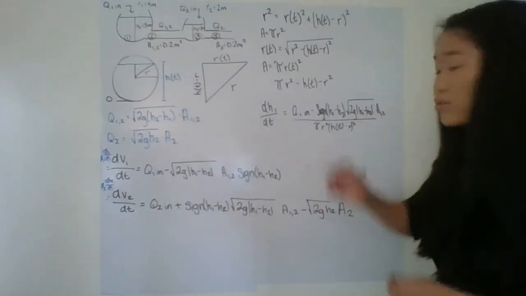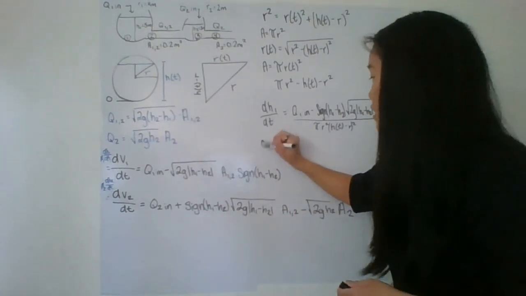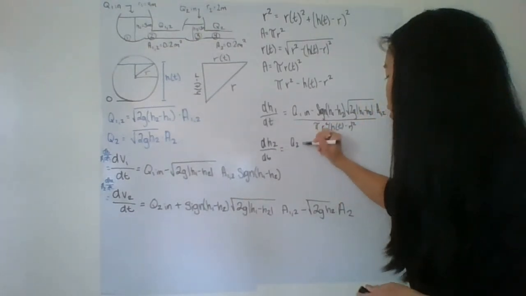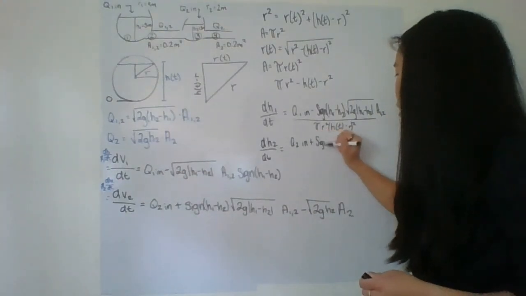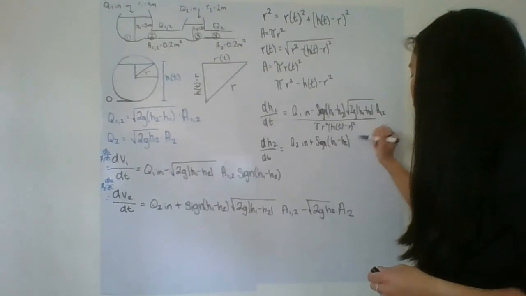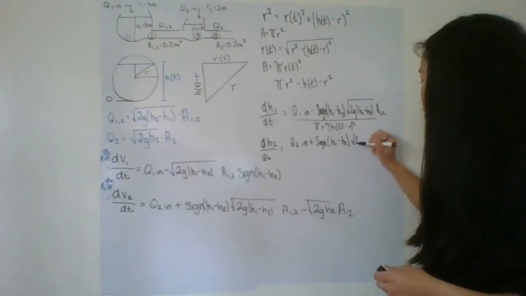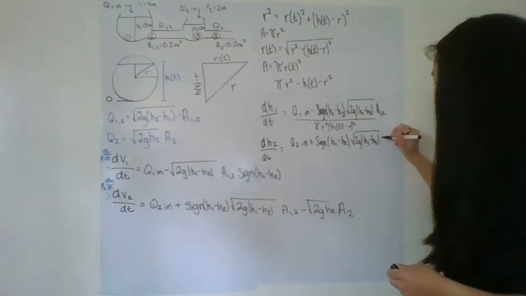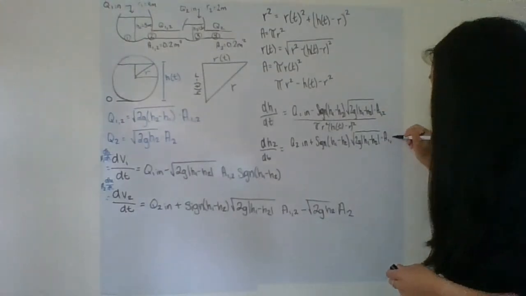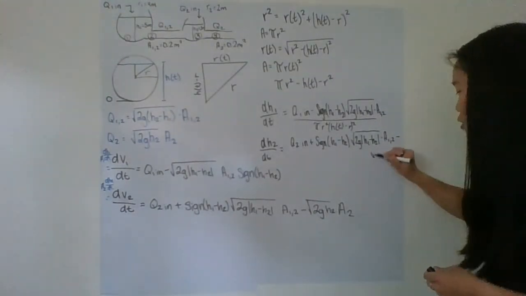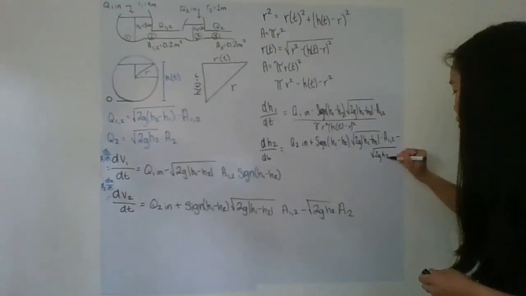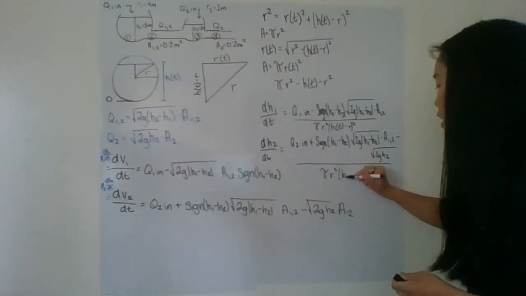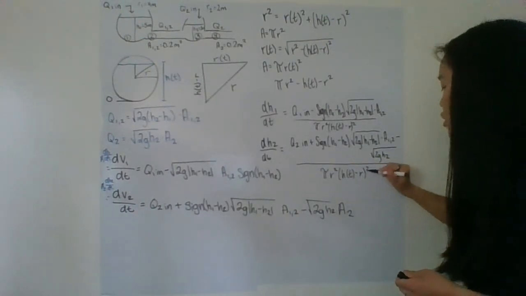So we're going to do almost the exact same thing with the second equation. So we get dh2/dt equals Q2 in plus sign(h1 minus h2), multiplied by the square root of 2g times the absolute value of h1 minus h2, multiplied by A12, and then we have minus the square root of 2g h2, and all of this is over pi times (R squared minus (h(t) minus R) squared).